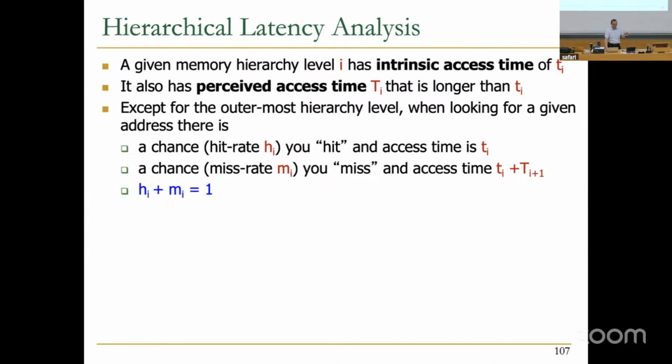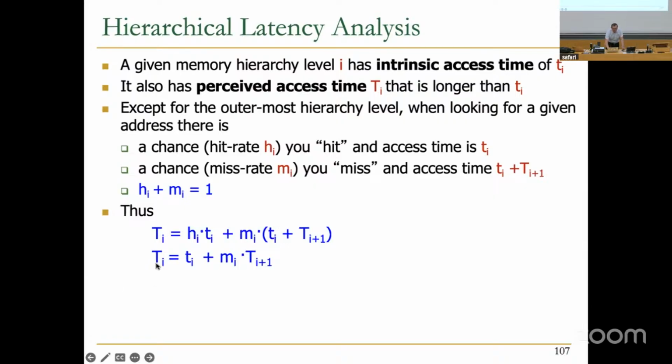Hopefully that's clear. Okay, so basically this is a hierarchical latency equation. So if you look at this, large Ti, the perceived access time of level i, is the hit rate of level i times the time it takes to access data from level i, little Ti, plus the miss rate of level i times, in parentheses, the time it takes to determine that there is a miss, which is the same as the time it takes to access level i, plus the perceived access time of the next level, right?